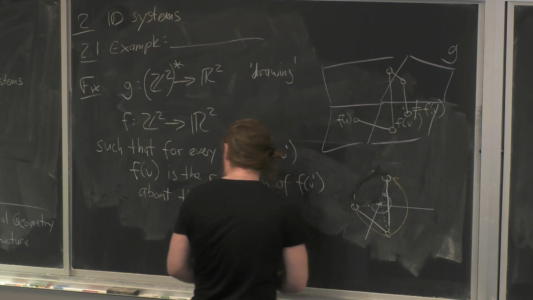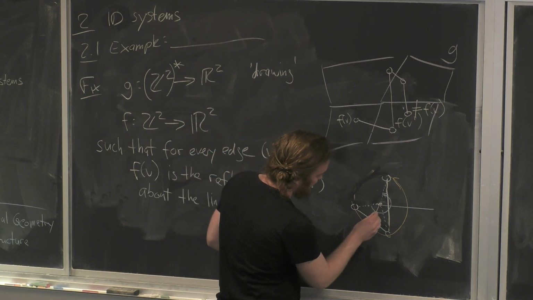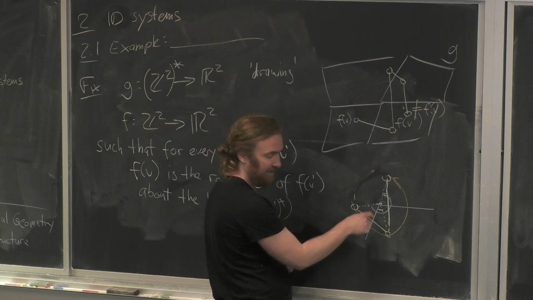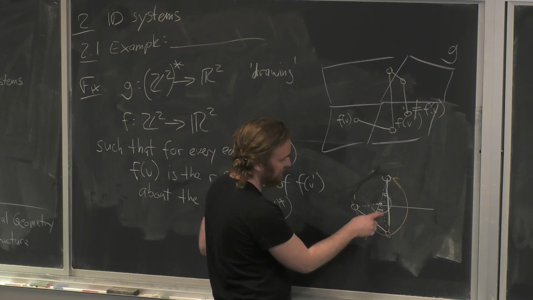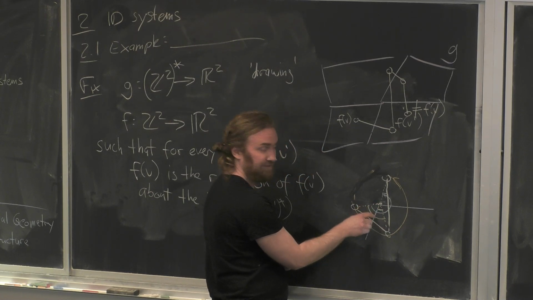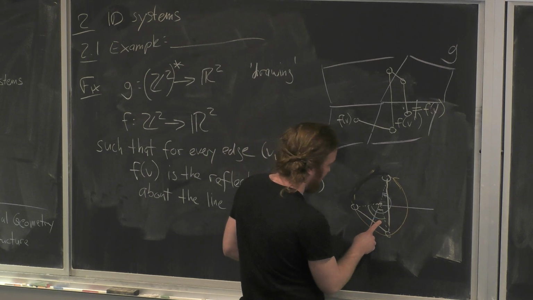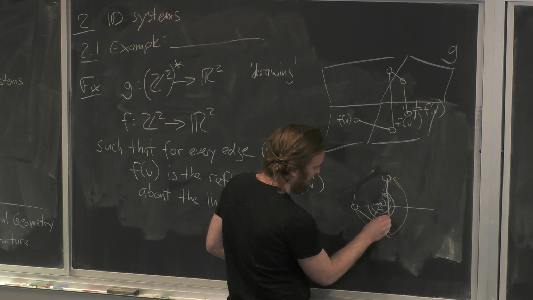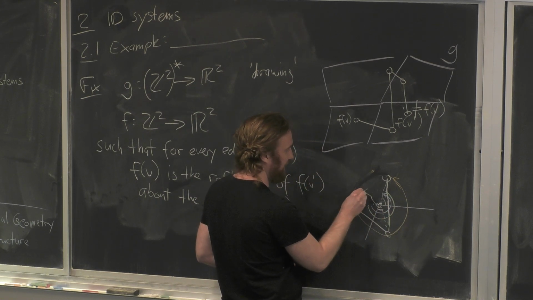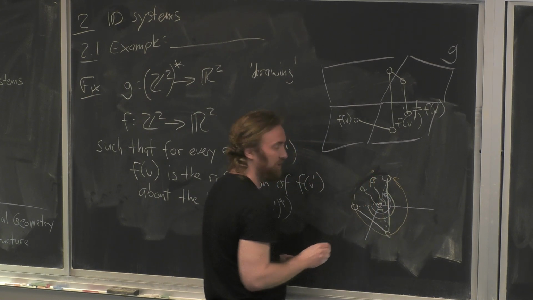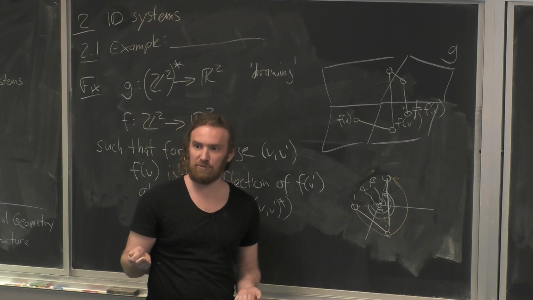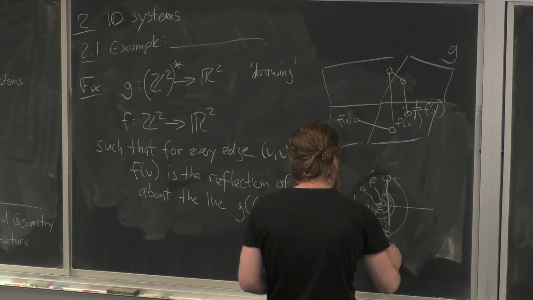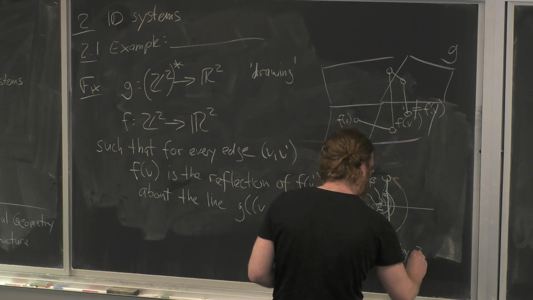And you see that the angle between this perpendicular line and the line of G and this radius is half this angle. Similarly, on the other side, this angle is half this angle. Maybe call this alpha and this beta. So in total, after two reflections, I have a rotation by 2 alpha plus beta.